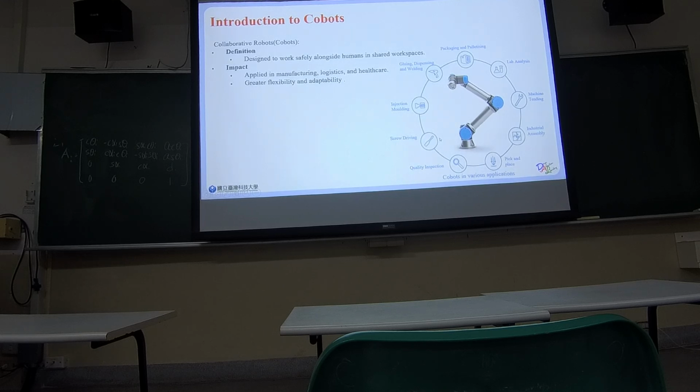And injection molding. Cobots are used to load and unload injection molding machines, trim edges, or perform post-processing tasks, reducing risk for personnel working in high temperature or hazardous environments. And last, gluing, dispensing, and welding. Cobots can perform precise gluing, dispensing, and even welding operations, improving production efficiency and ensuring high quality results.